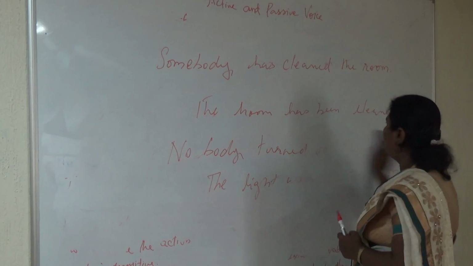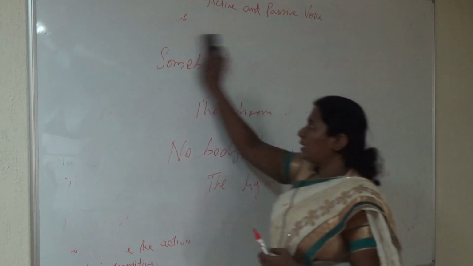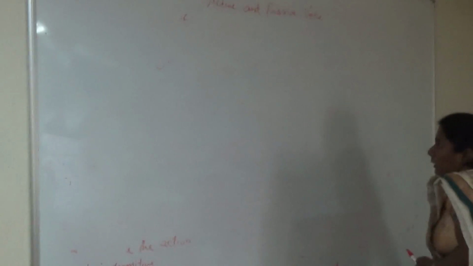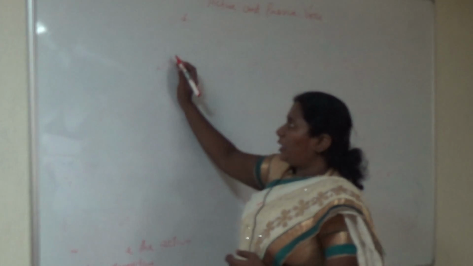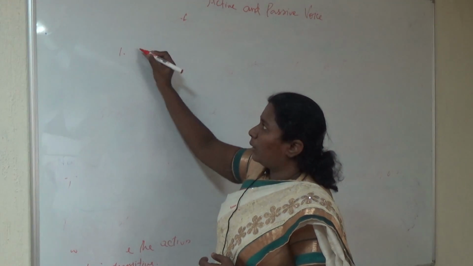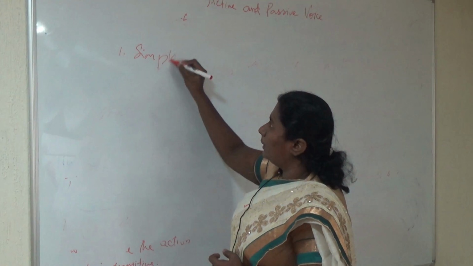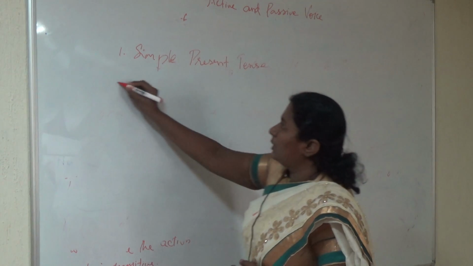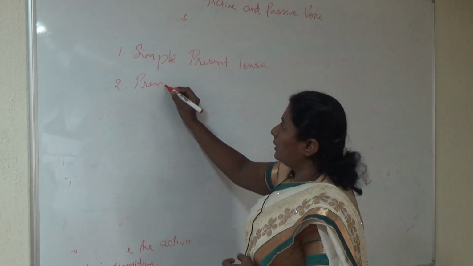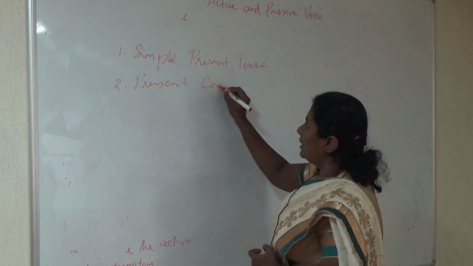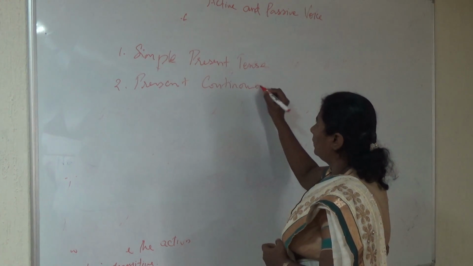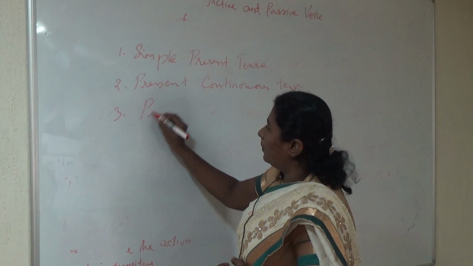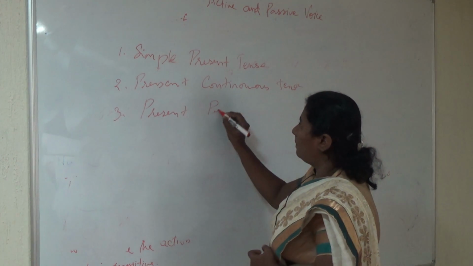Now let us go to how the tenses are changed according to the situation, how a tense has been formed. Only 8 tenses can be changed from active to passive voice. First one, simple present tense. Second, present continuous tense. Third one, present perfect.